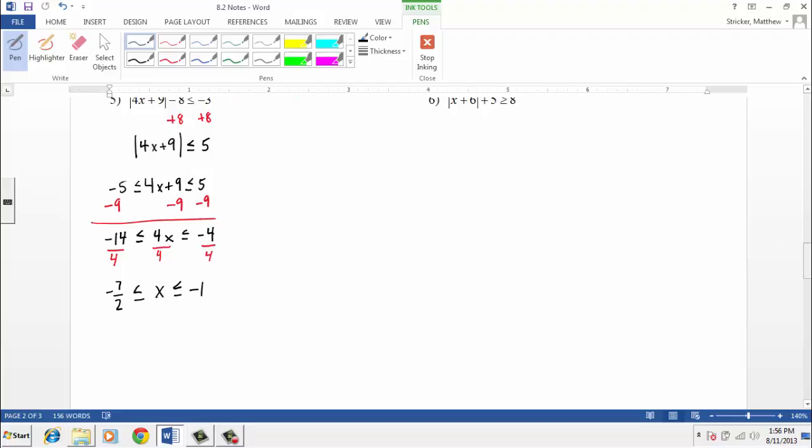That, of course, is graphable on the number line as being everything between negative 7 halves and negative 1. Actually, I'm going to go ahead and do that in a different color so it shows up better.